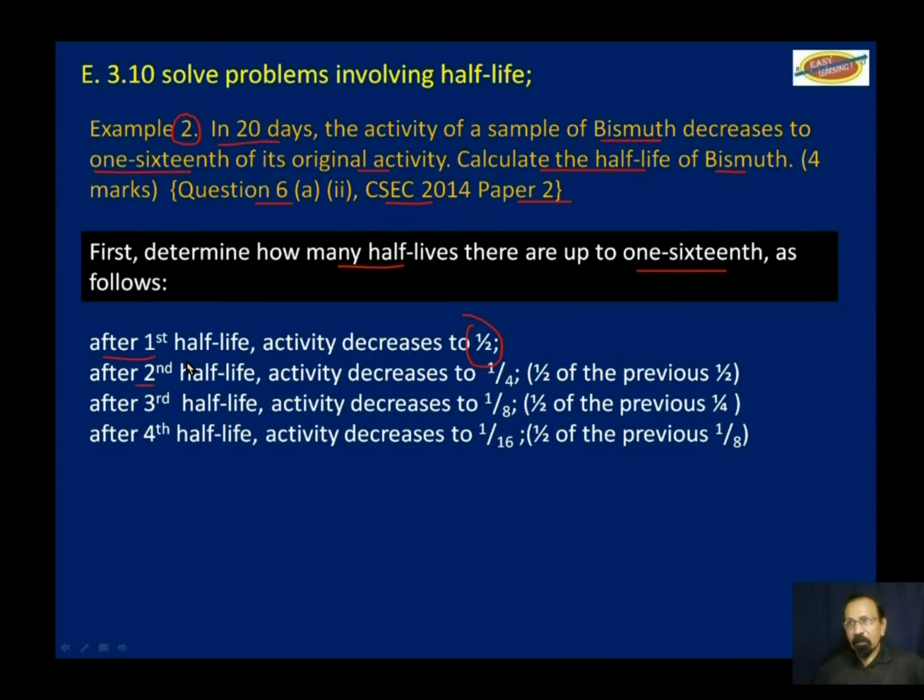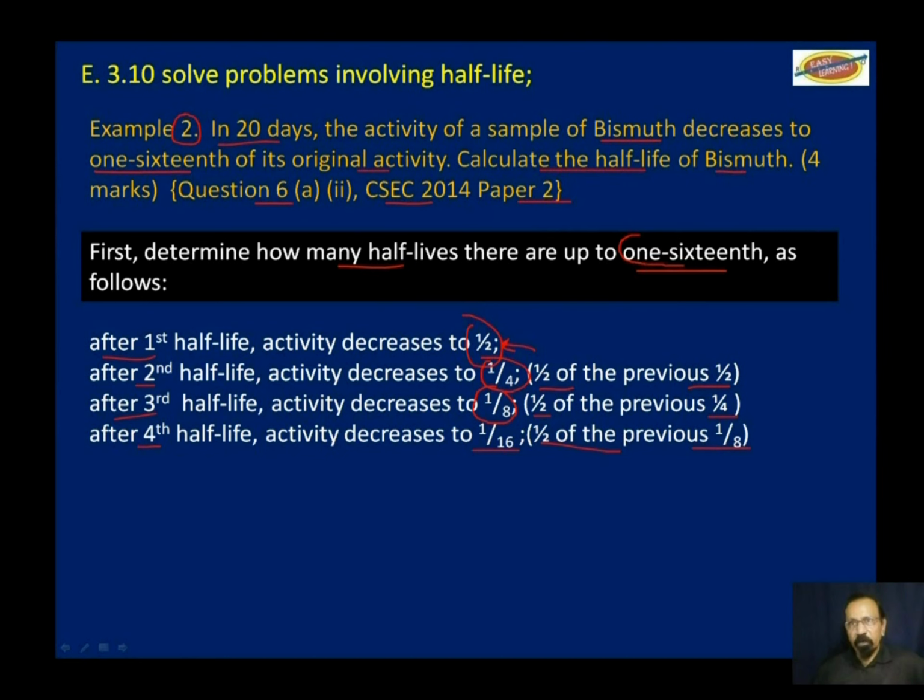And then the second half-life, we will get half of this half up here, which will give us a quarter. After the third half-life, we will get half of a quarter, which would give us 1/8. And by the fourth half-life, we have half of the 1/8, which is 1/16.